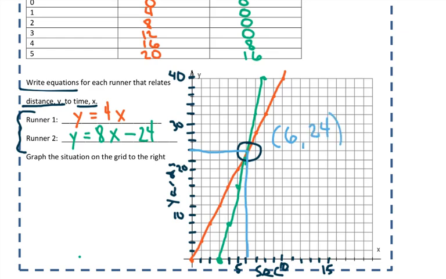And that means that after 6 seconds from runner 1 starting, he has traveled 24 yards, and that is where runner 2 meets up with him. So it takes 6 seconds from the start of the race for runner 2 to catch up to runner 1, and they have both traveled 24 yards when that happens.